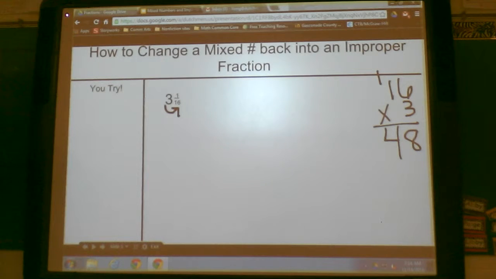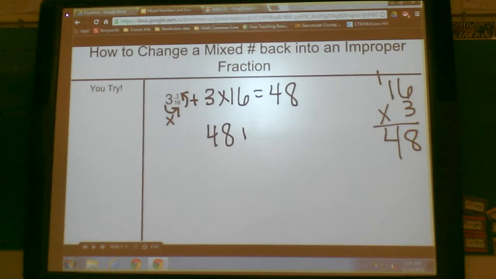So 3 times 16 equals 48. And then we are going to add, here we multiplied, now we're adding the 1. So I'm going to take 48 plus 1, which gives me 49. This is my new numerator, so I'm just going to put an N for numerator.